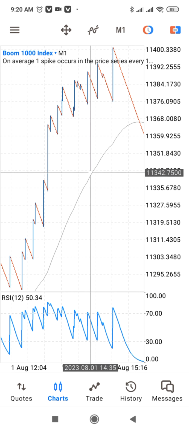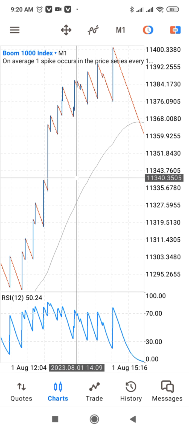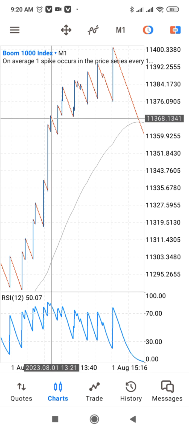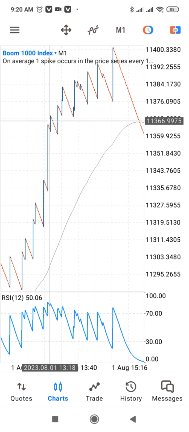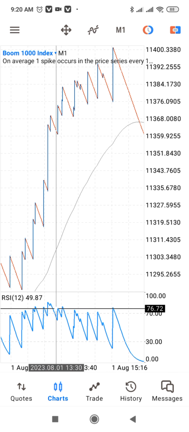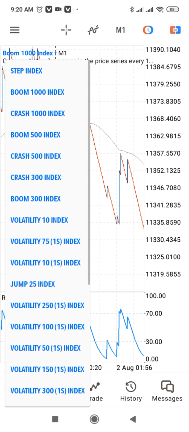I see a divergence here. Now this is not a good divergence for you to take. There is one also here. You see, there is a higher low, there is a higher high here, while from the indicator there is a lower low.